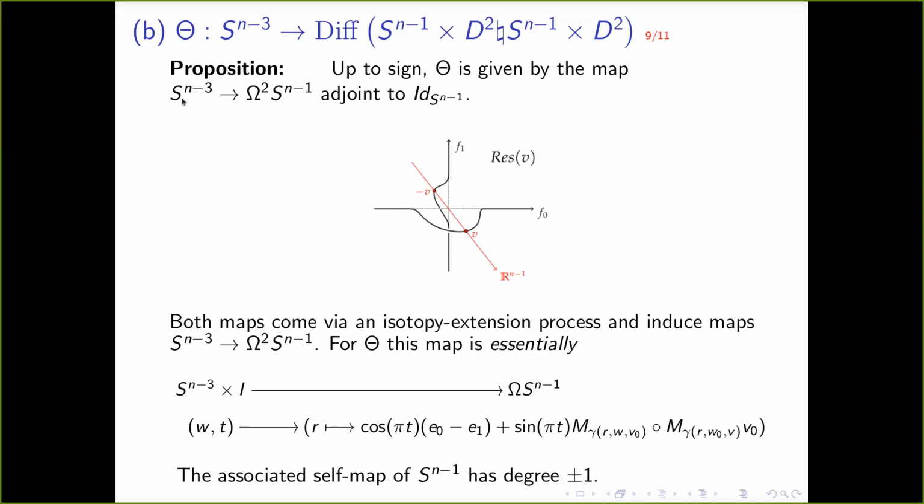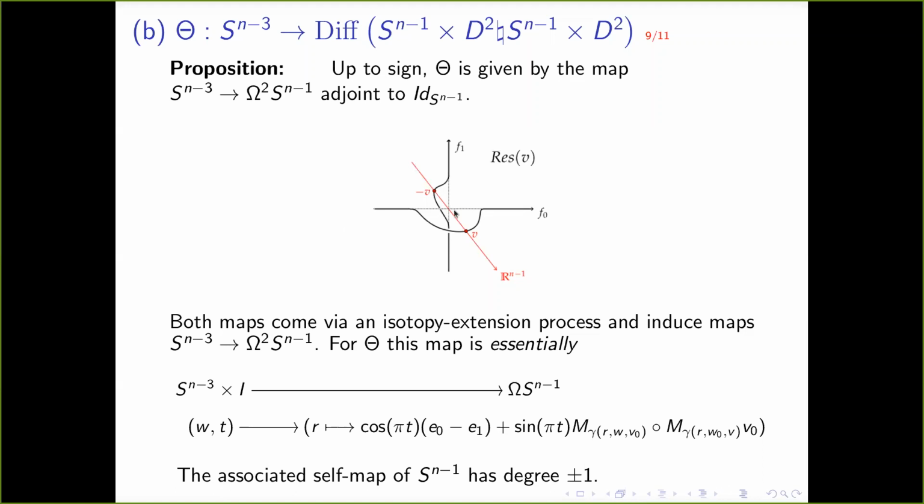Yeah. So the claim that these barbell diffeomorphisms are given by the adjoint to the identity map on the sphere, basically the way that works is both these families, capital Theta and the induced family of diffeomorphisms coming from that adjoint, they're given by an isotopy extension process. And so the idea is, well, just compare the underlying motions, right?